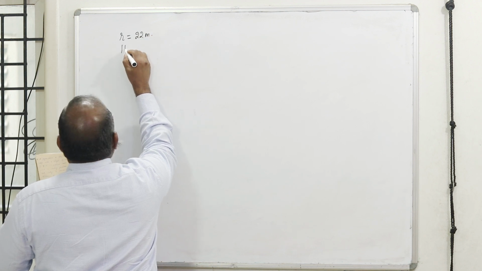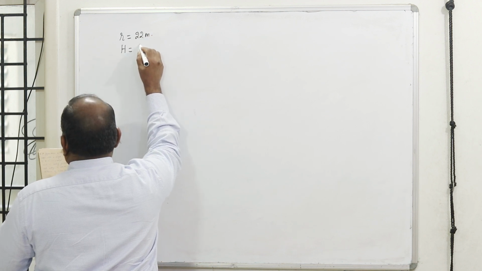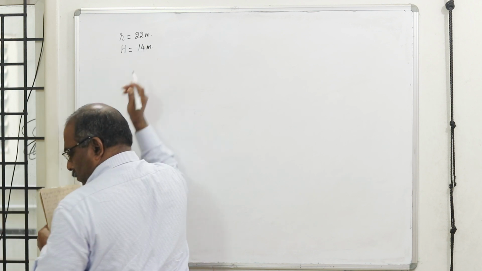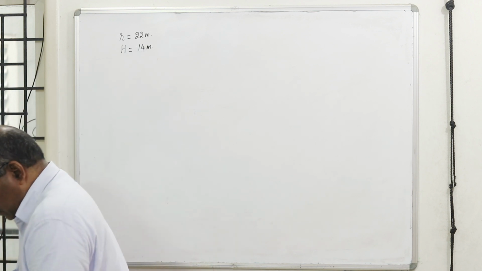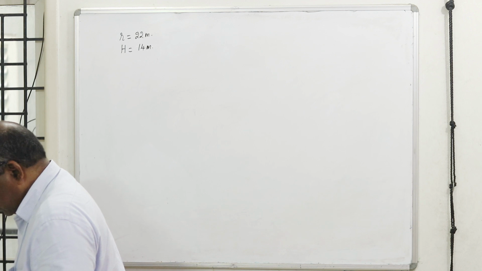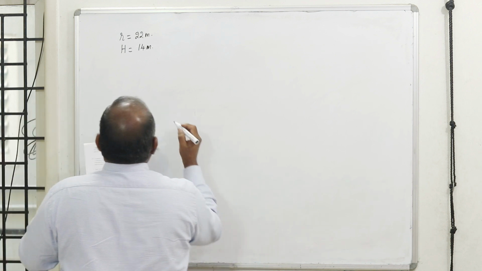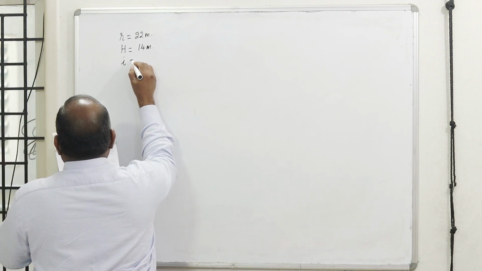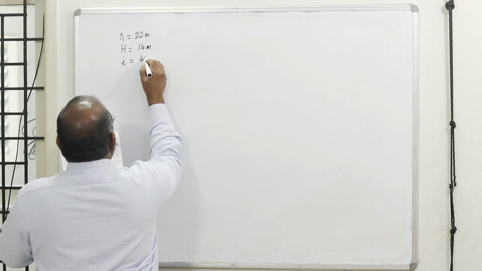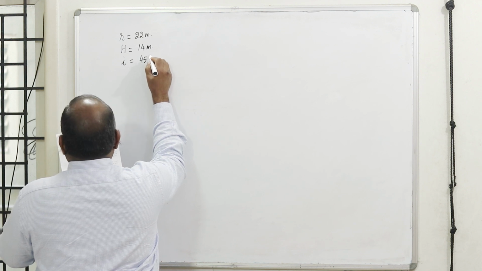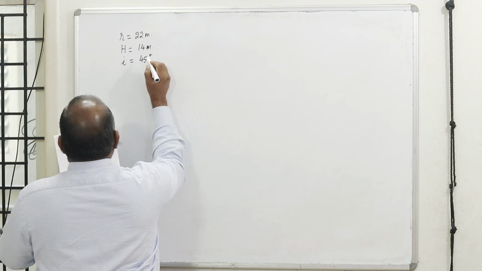The slope height is say 14 meters. And the angle of inclination, the slope inclination, is 45 degrees.